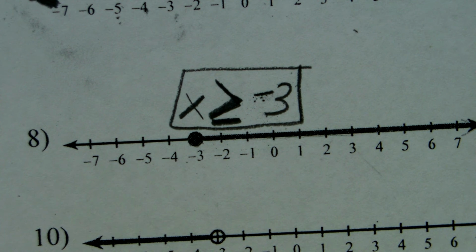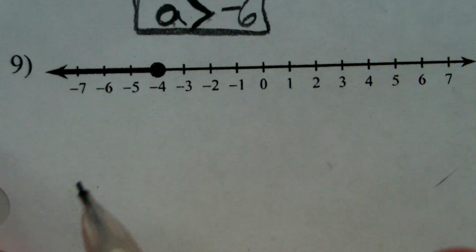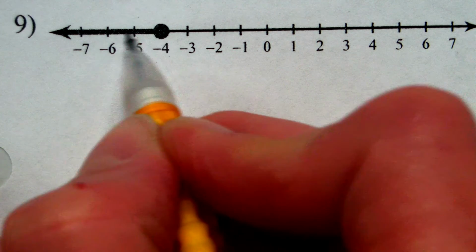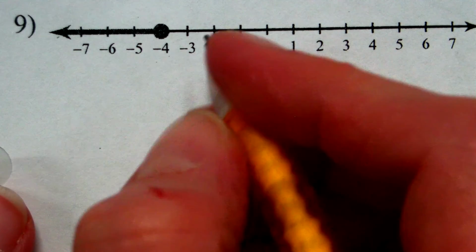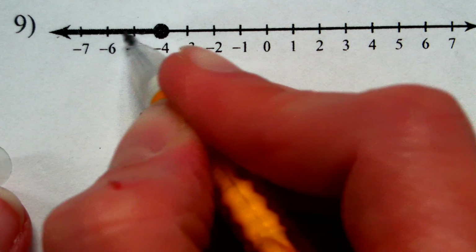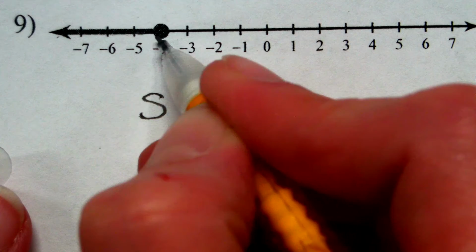All right. Let's look at some that point to the left. So down here on number 9, I have my point at -4, and it's going to the left. So let's just pick a random letter. Let's say we want to use S. It doesn't matter. This is going to the left. So my solution is all of the numbers that are less than -4.